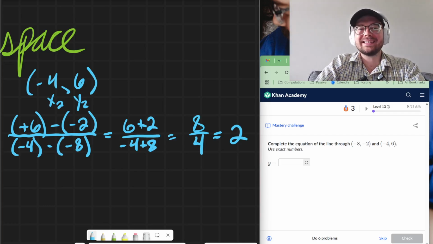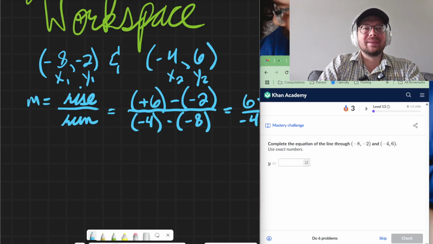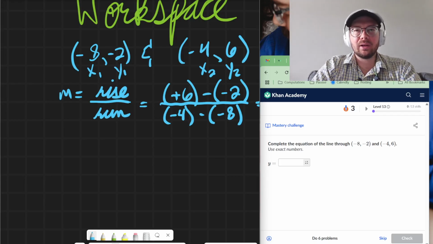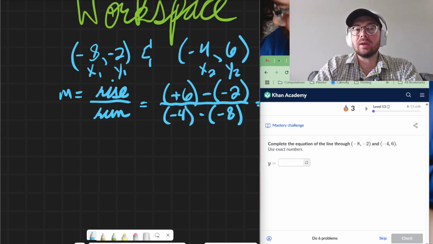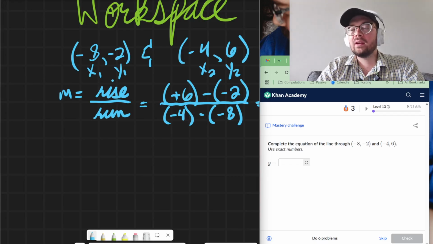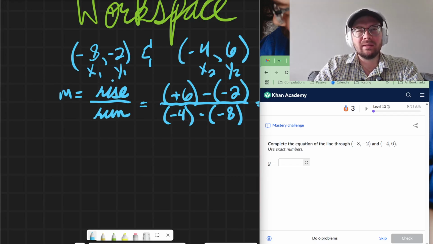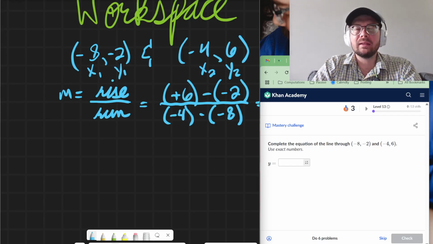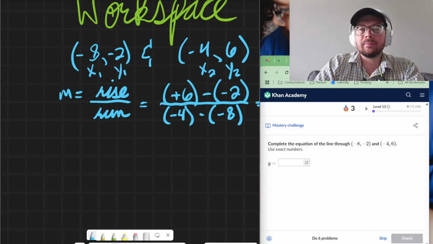We're actually still not done because they want the equation of the line. In order to build an equation of a line, we need either a slope and a y-intercept, or we need to know a slope and a point, or we need to know an a and a b, meaning these arbitrary numbers in the standard form of a line, which you'll almost never be given.